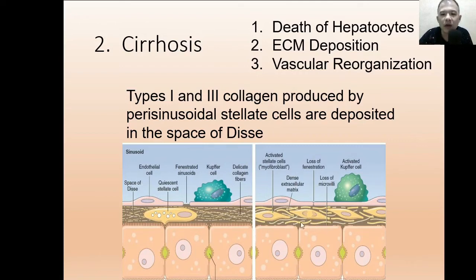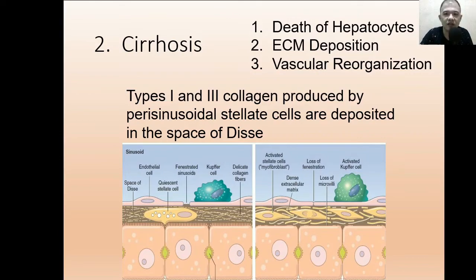You have number one, loss of microvilli. You also have the loss of fenestration from the endothelium or the sinusoids. So thus you have hepatocytes that become atrophic or become apoptotic.